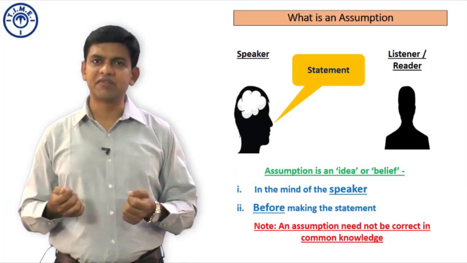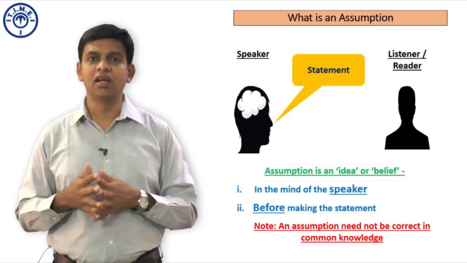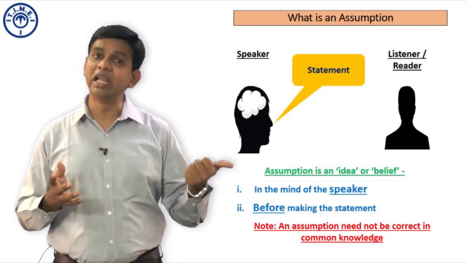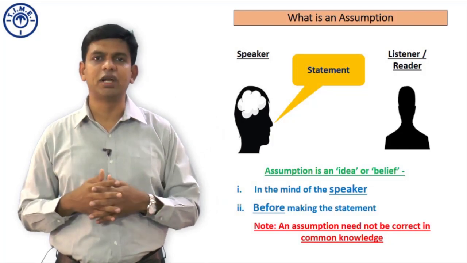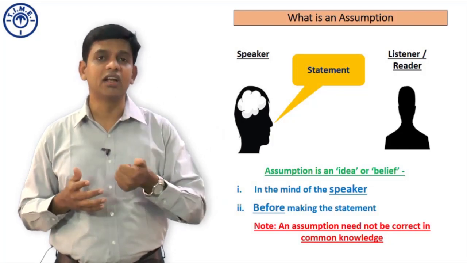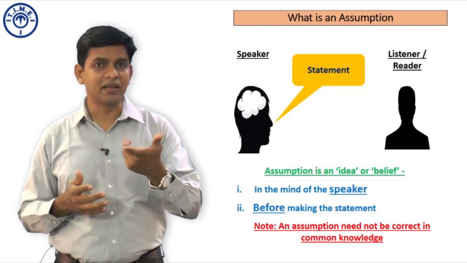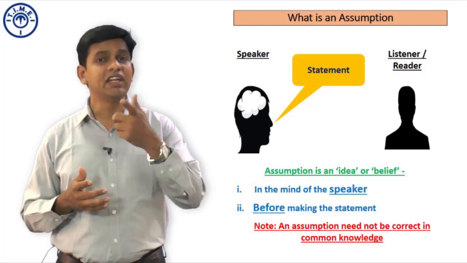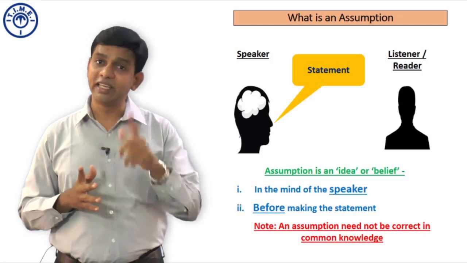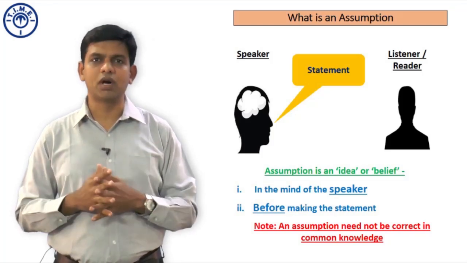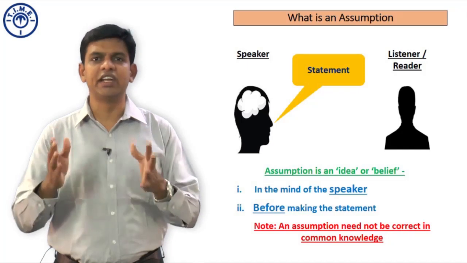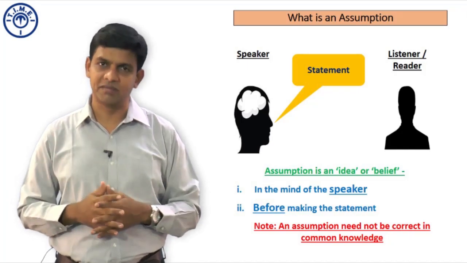If Ramu is specifically giving grass to the tiger, that means he believes, what does he believe? That tigers eat grass. Otherwise, there is no need for him to feed grass to the tiger. So here is an example where the assumption given is not true in common knowledge, yet I would accept this as an implicit assumption. This is exactly what I mean by an assumption need not be true in common sense.